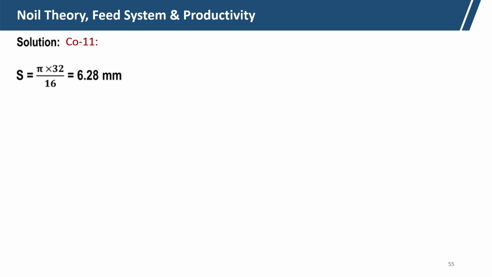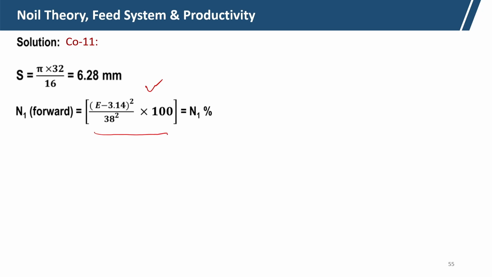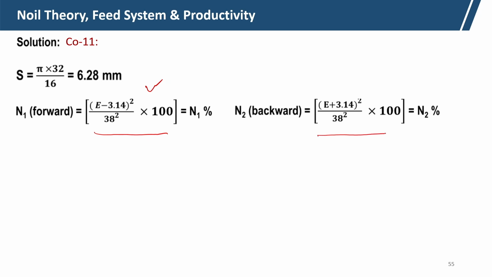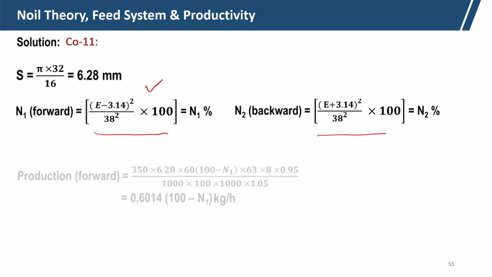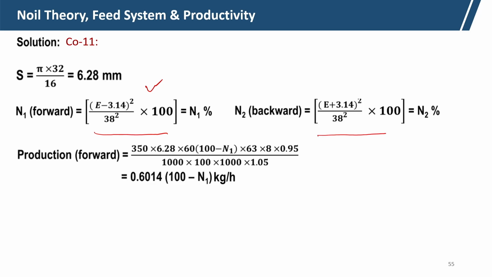So, what we do, we calculate the feed length, which will be the same because the diameter and ratchet wheel teeth are the same. So, here for forward feed we get the Noil percent N1. N2 is the Noil percent for the backward feed, and production in forward feed is this.